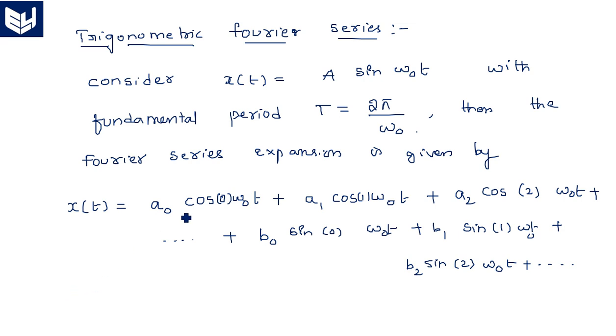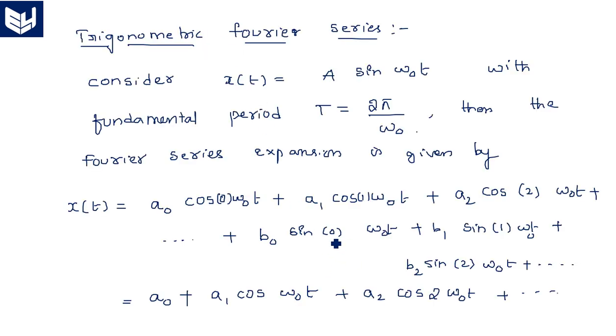So how to write this in short? If you substitute cos 0, cos 0 omega naught t is nothing but cos 0, which is 1. Simplifying, it results in a naught plus a1 cos omega naught t plus a2 cos 2 omega naught t and so on, plus b naught sine 0 omega naught t.